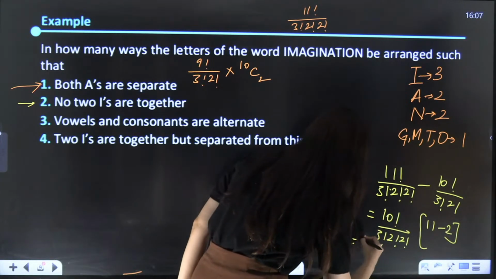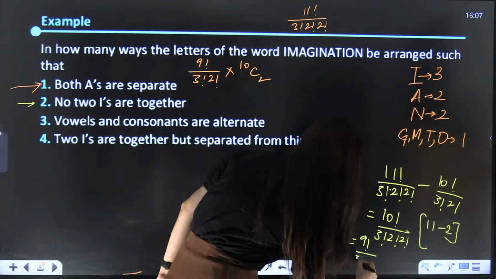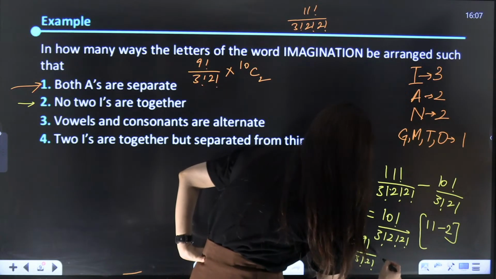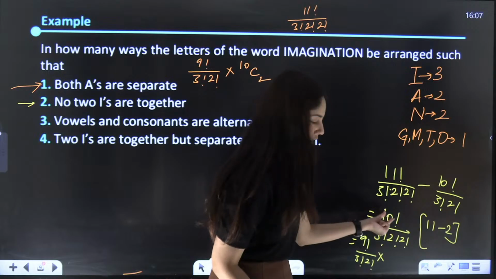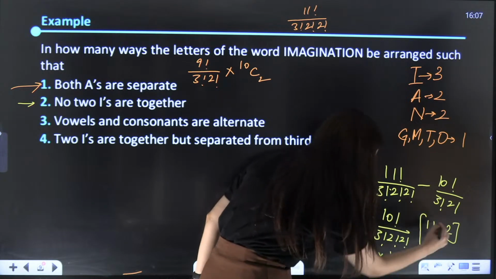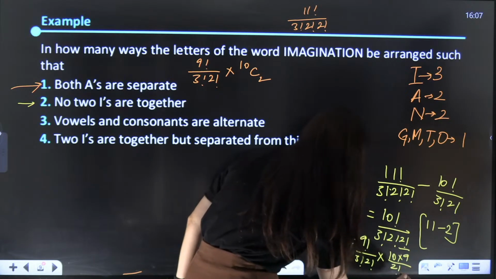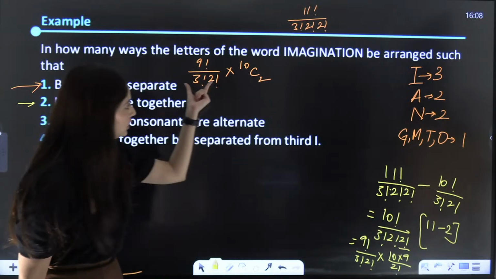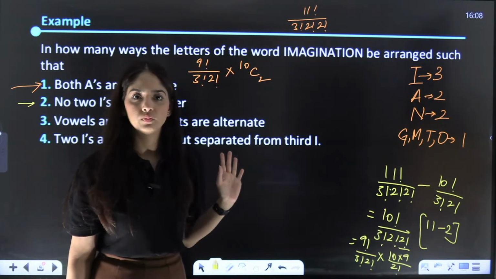So this is 9 factorial by 3 factorial, 2 factorial into, I took 10 out, so remaining 9 factorial, and then 10 and 9 from here, and this remaining 2. So this is the same as this, 9 factorial by 3 factorial 2 factorial, and then 10 into 9 by 2 is nothing but 10C2, right?